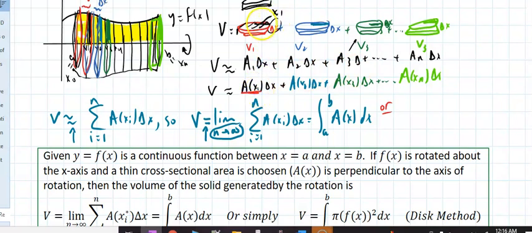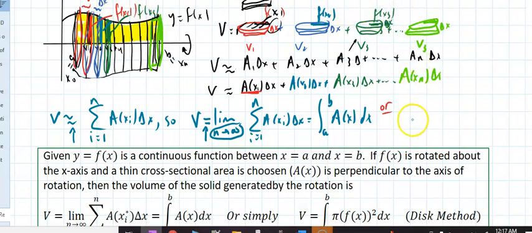isn't that radius right there, the first one, f of x sub 1, instead of calling it the area, and then isn't that height f of x sub 2, and isn't the third height, let's say that one right there, up here, f of x sub 3?